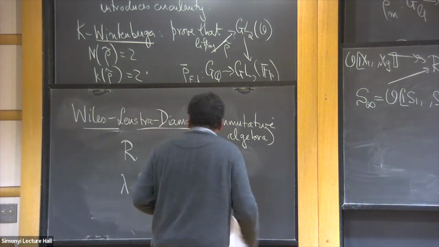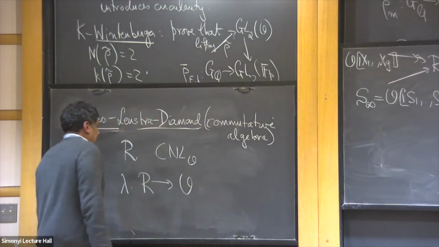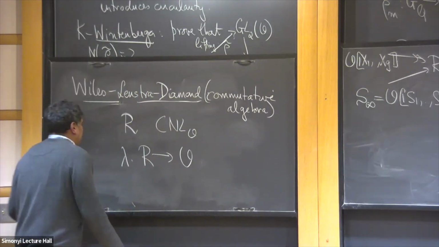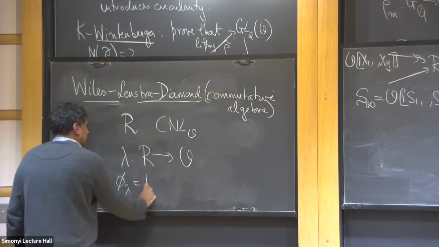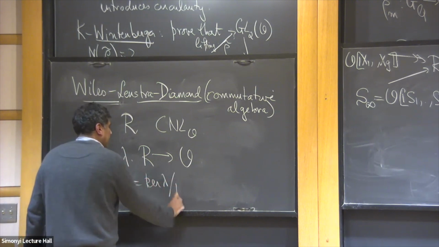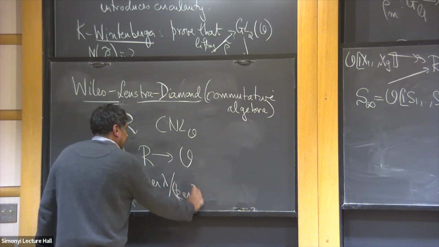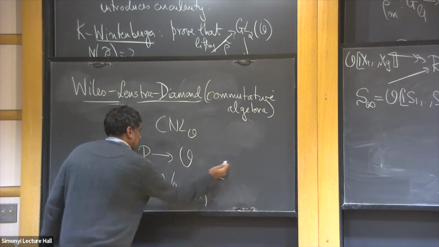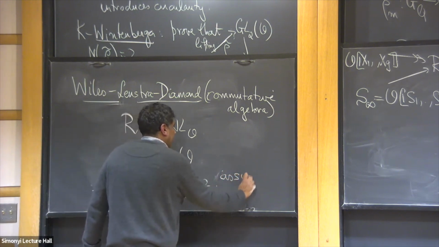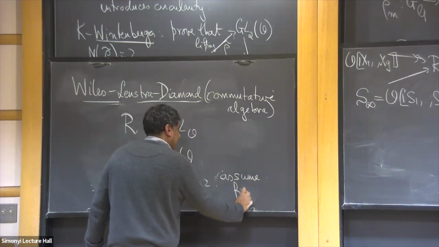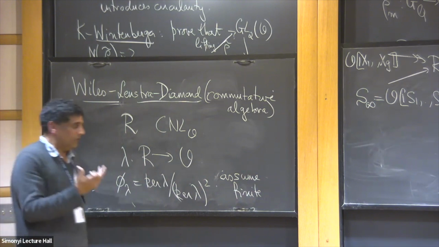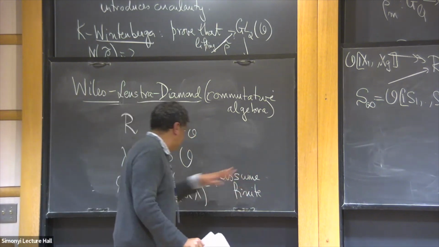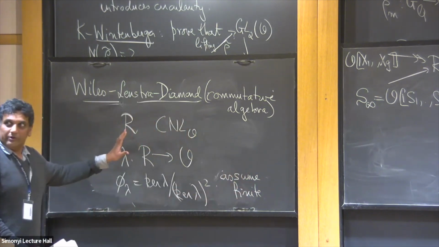The key assumption is that the cotangent space, Phi_lambda, which is equal to the kernel of lambda upon the kernel of lambda squared, is finite. Assume finite. In general it is a finitely generated O-module, not necessarily free, but you assume it to be finite.